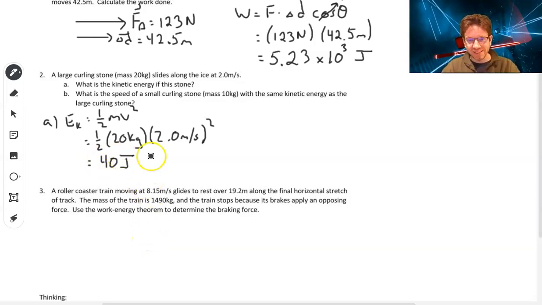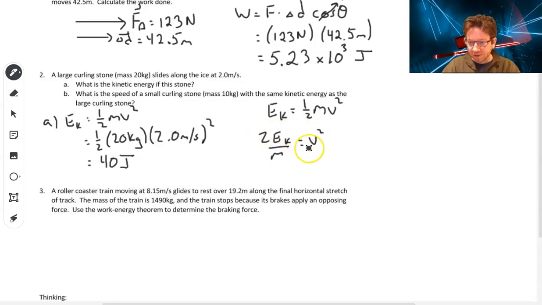Part B says, what is the speed of a small curling stone, so 10 kilograms, with the same kinetic energy? So if this curling stone also has a kinetic energy of 40 joules, let's use this equation. Same equation, but we're just going to rearrange to solve for its speed. So if I do that, I multiply both sides by 2 and divide by mass, and I'll get 2Ek over m equals v squared.